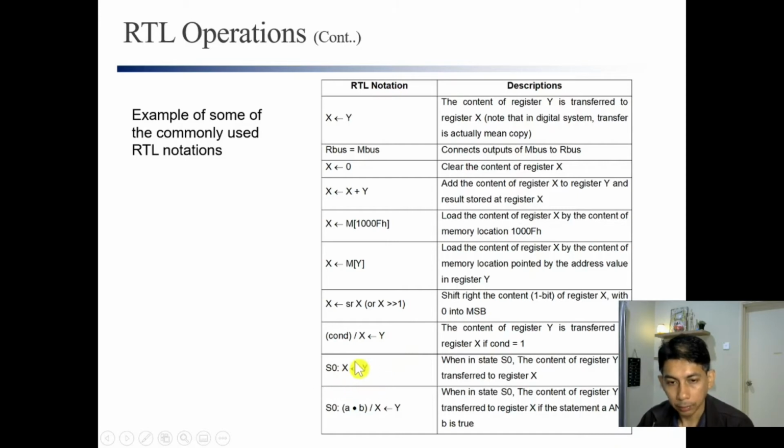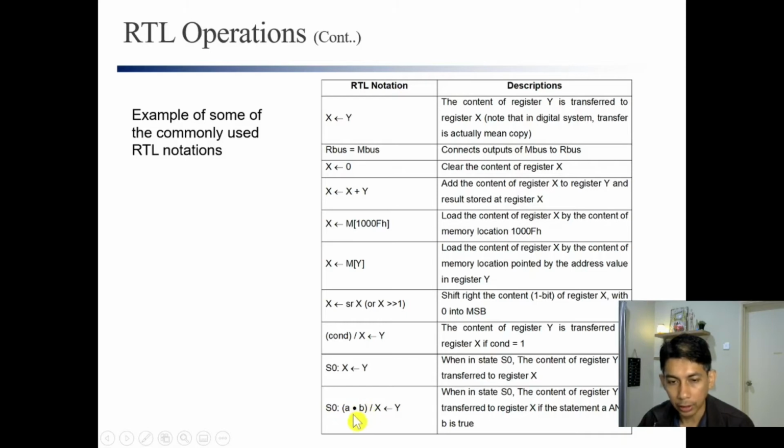Next, also move, transfer Y to X, and this actually represents the state. It means that at state S0 we move the data from Y to X, right? And the last one is moving the data also, in the state S0, but with a condition.